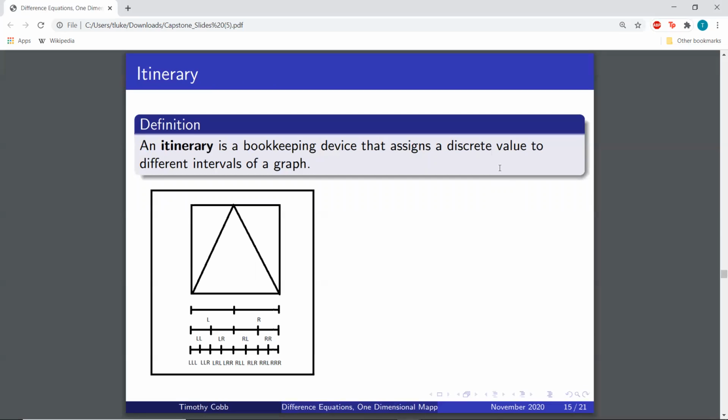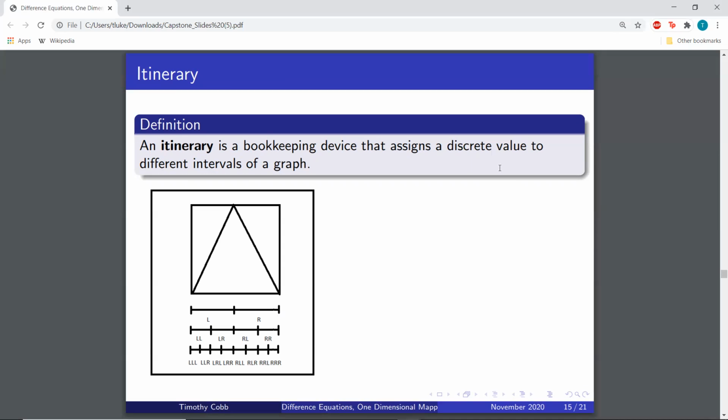And to further understand what an itinerary does, we need to understand what an orbit is. An orbit of an initial condition is the sequence of numbers that follows from that initial condition. So in our cosine example, the orbit of our initial condition of 0 was those 24 numbers, and then it ended with repeating 0.7391.